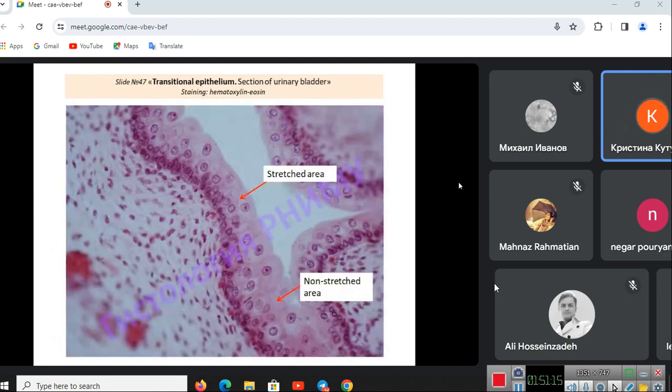In the same picture, we can find the part of epithelium which is stretched and part of the epithelium which is not stretched, where we have the fold. So we can compare these areas: overall thickness in stretched and non-stretched, the number of cell rows, here 3 and here 1, 2, 3, 4 at least in non-stretched, and the shape of superficial layer, more flattened in stretched area and more dome shaped, rounded, in non-stretched area.